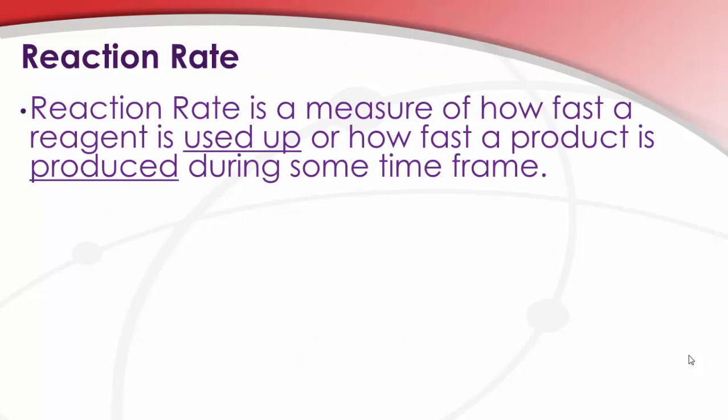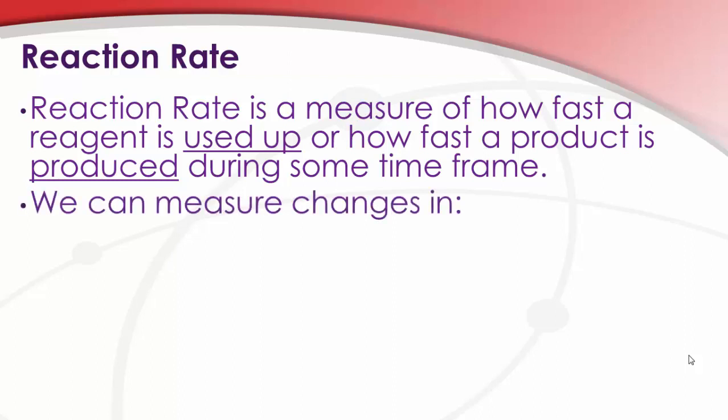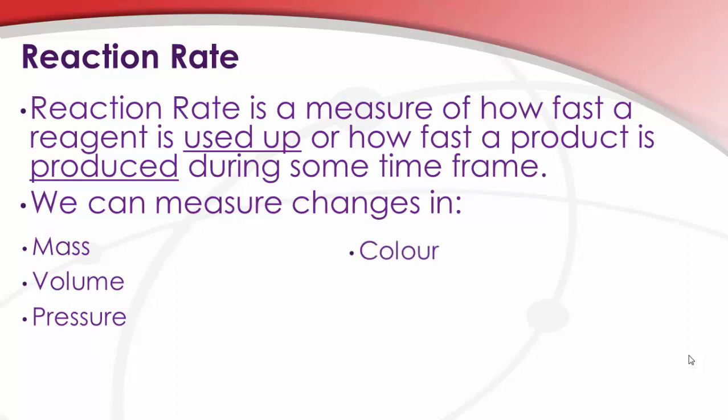So what is rate? The reaction rate is a measure of how fast a reagent is used up or how fast a product is produced during some given time frame. Now, when we're measuring these changes, we might measure the changes in mass, for example, of a piece of iron. We might measure volume of a gas, pressure of a gas.